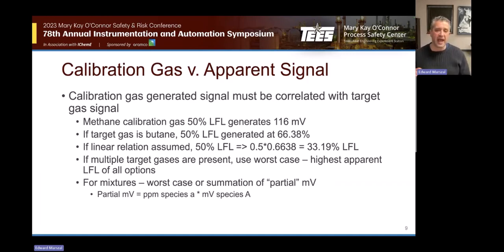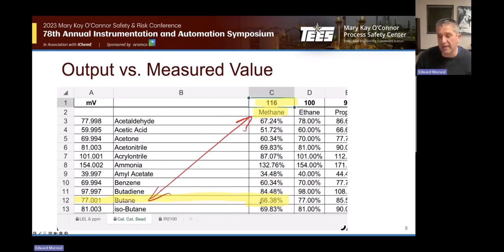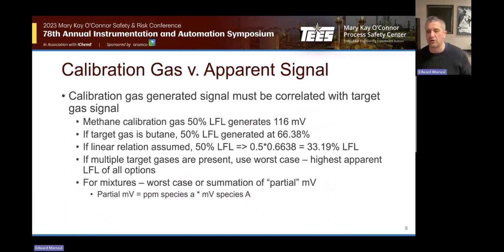So if I'm calibrating a device based on methane, 50% LFL of methane, I'm going to be looking for a different millivolt value. The 66.38%, that number right here, is what fraction of 116 millivolts 77 millivolts is. So it gives you a scaling factor to set your LFL.